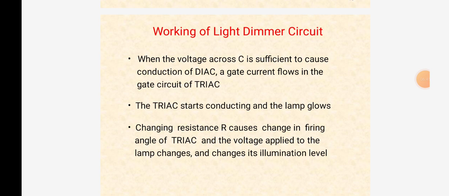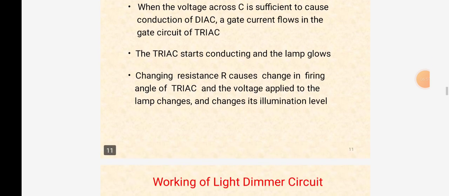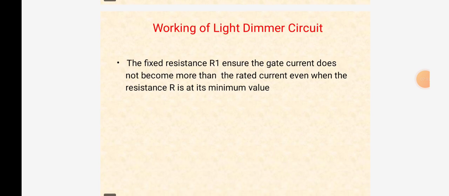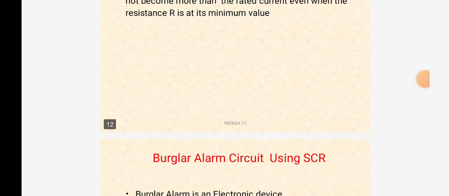Changing resistance R causes a change in the firing angle of the triac and the voltage applied to the lamp changes, which changes its illumination level. The fixed resistance R1 ensures the gate current does not become more than the rated current even when the resistance R is at its minimum value.